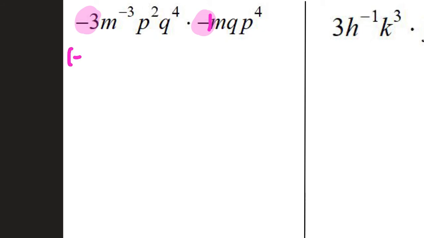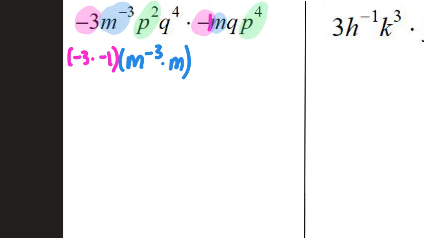So I get negative 3 times negative 1. Then for my m's, I have an m to the negative 3 and an m. So I have m to the negative 3 times m. Then for my p's, I have a p squared and a p to the 4th. So I have p squared times p to the 4th.